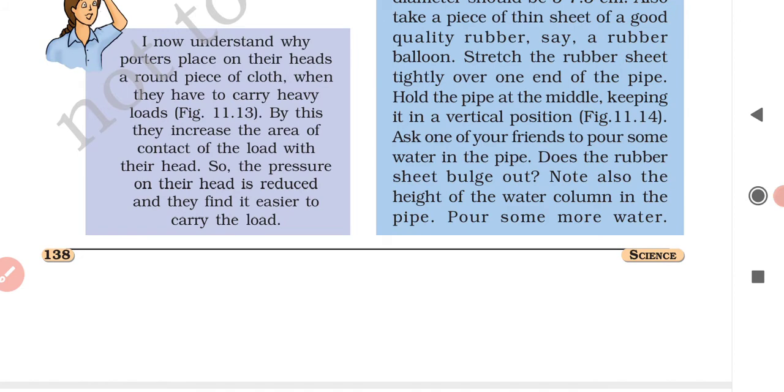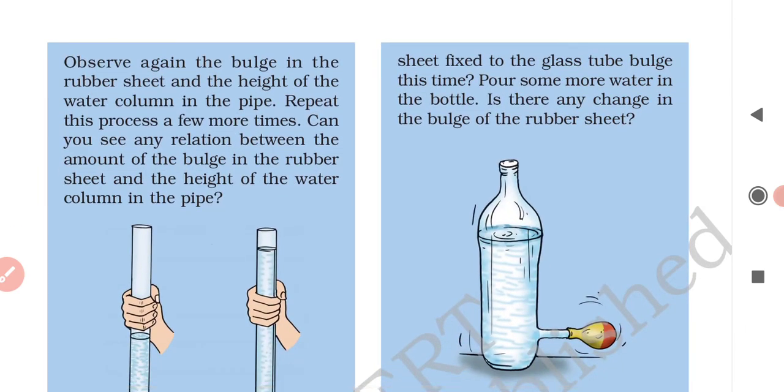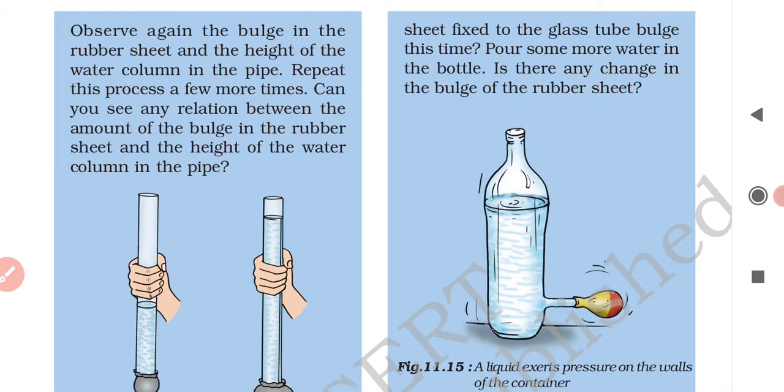Next, what is given? Note also the height of the water column in the pipe. Pour some more water. Observe again the bulge in the rubber sheet and the height of the water column in the pipe. So if you pour some more water in this pipe, then the height of the water column in the pipe will increase, right?